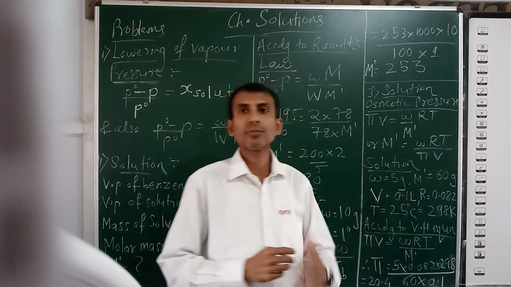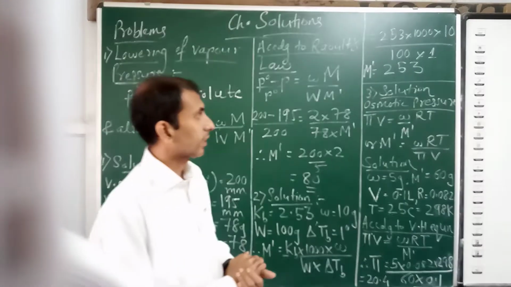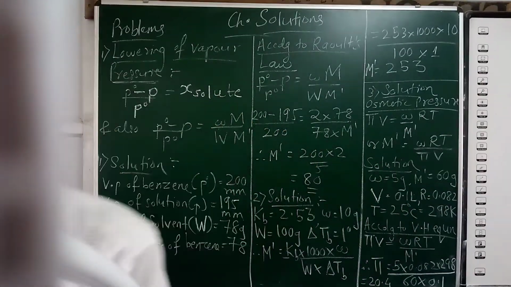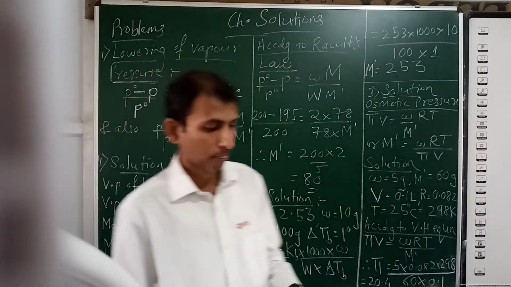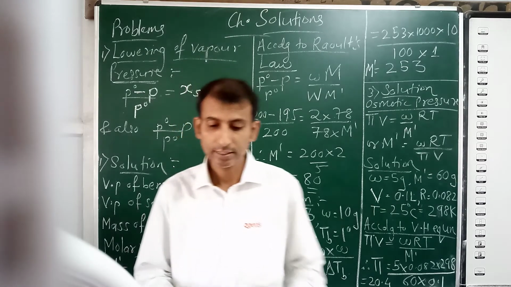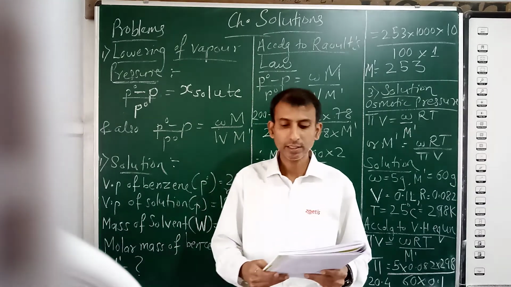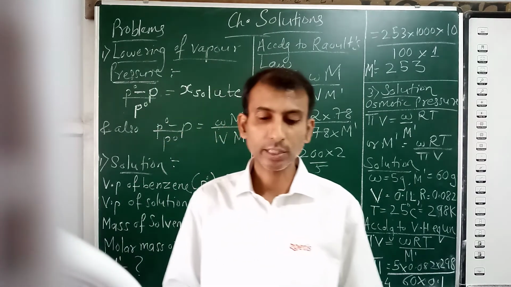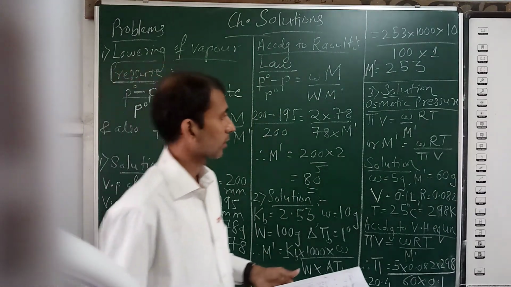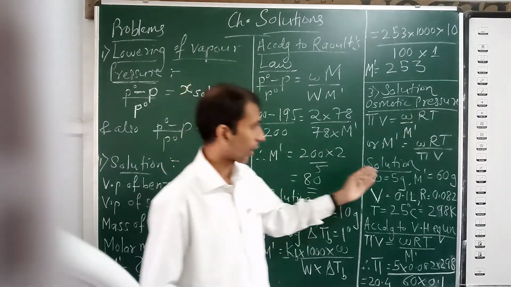So directly coming to the fourth colligative property, that is osmotic pressure. These are the equations for osmotic pressure that we have seen last time. So I'll read out the question for you. Calculate the osmotic pressure of a urea solution at 25 degrees centigrade which contains 5 grams of urea, molar mass of urea is given 60, dissolved in 100 centimeter cube of solution. From the data which you get from the question, you have to write first.